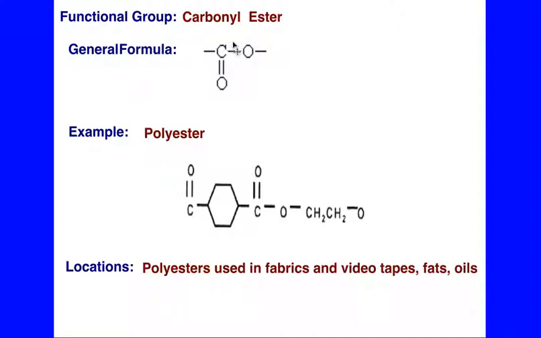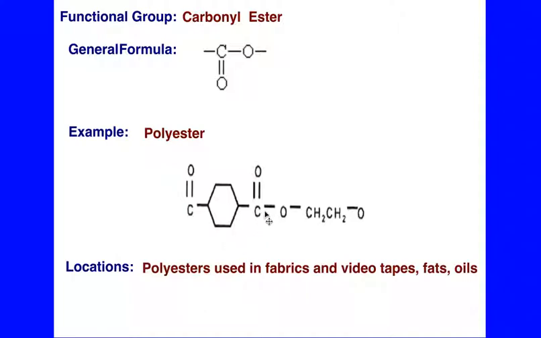All right, the next functional group is called a carbonyl ester. We use the formula carbon with a single bonded oxygen and a double bonded oxygen. Polyester is a common ester that you may have heard of before. This is one of the fabrics that you might have in your clothing.